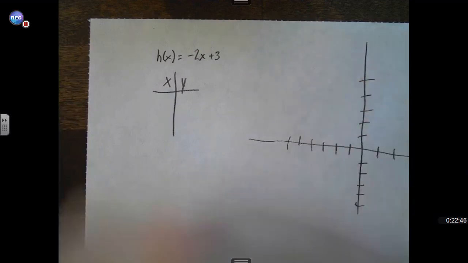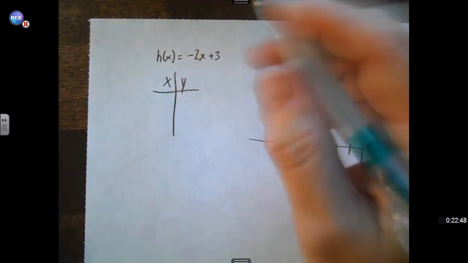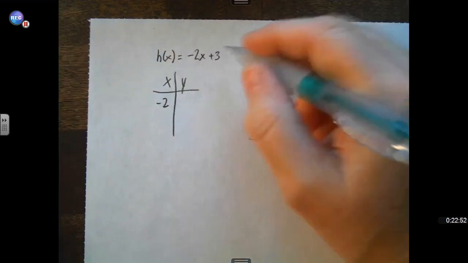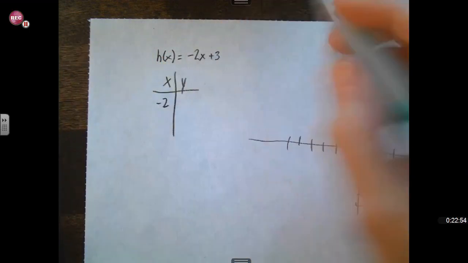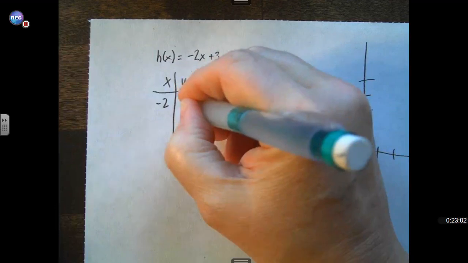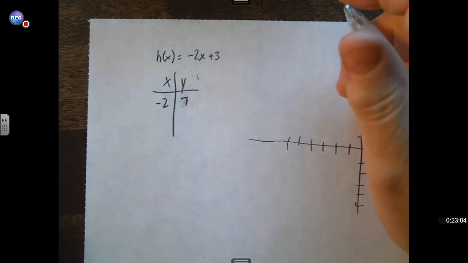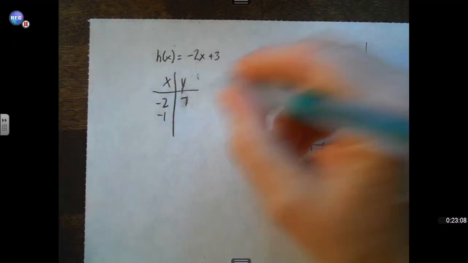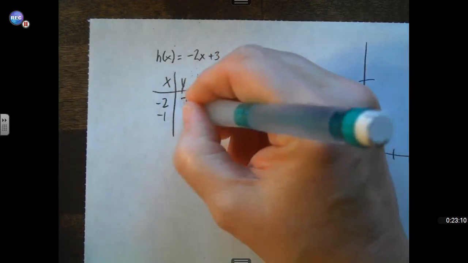So I am going to plug in negative 2, and that gives me positive 4 plus 3 is 7, and I wrote 3. Gosh, so 7 is what I should have written. Then I'm going to plug in negative 1, and I get 2 plus 3 is 5.